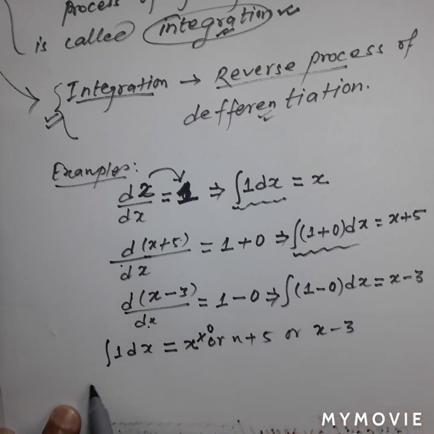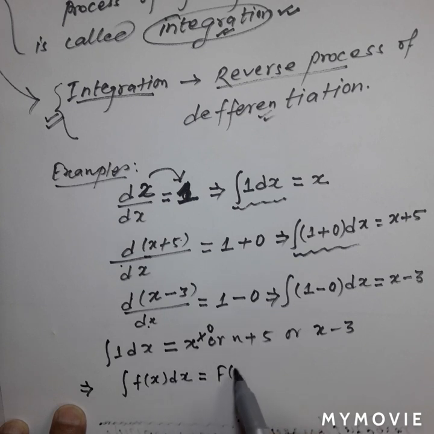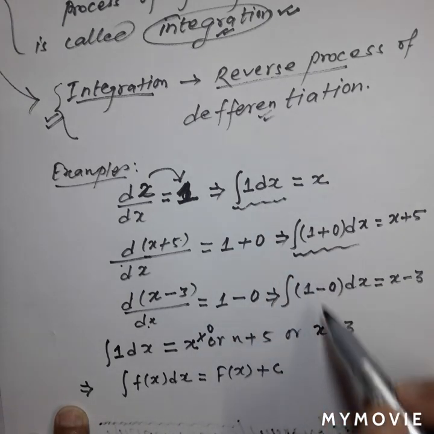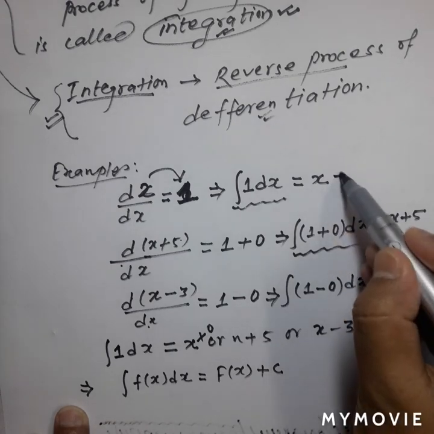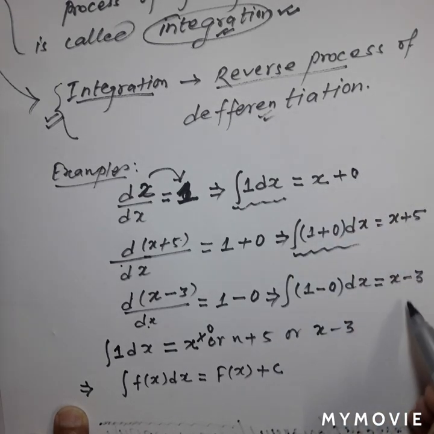So from this we can say that antiderivative of any function with respect to dx is another function plus c. Why c? Each antiderivative we have got some constant, here 0, here 5, here minus 3.